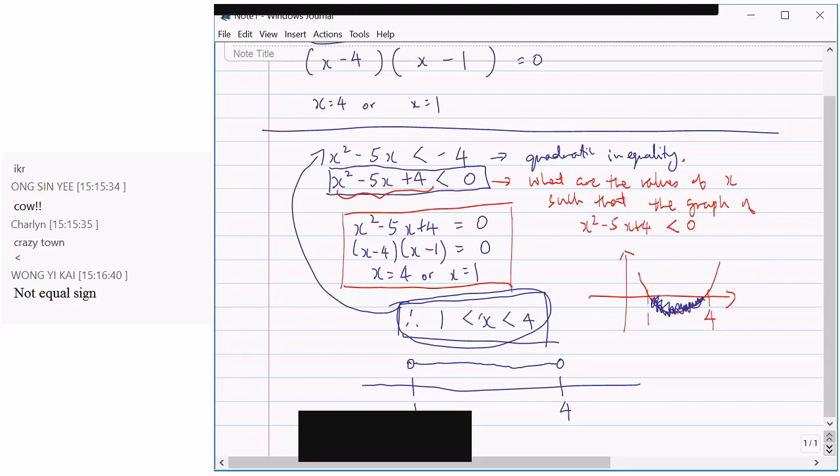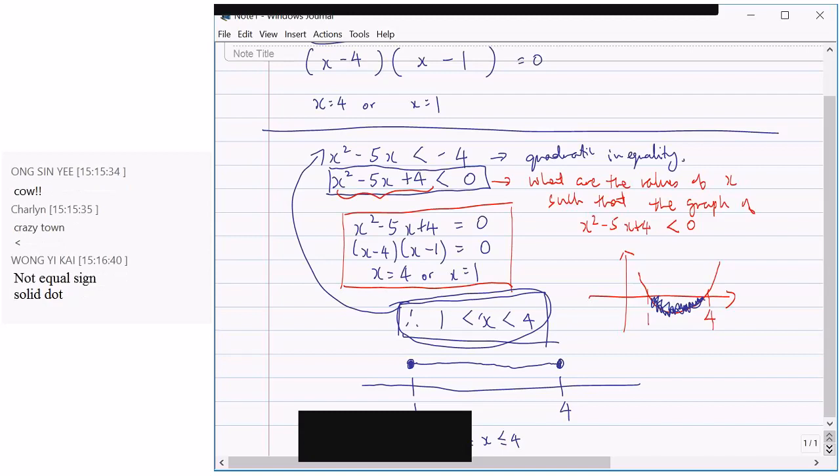Okay, now if my answer actually had an equal sign like this, then I must make the two ends solid circles. Okay, so for now, let me erase that.